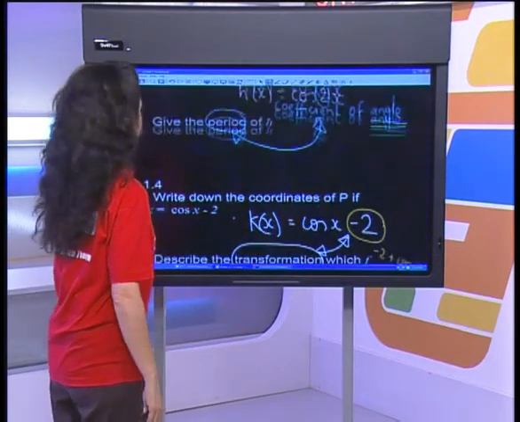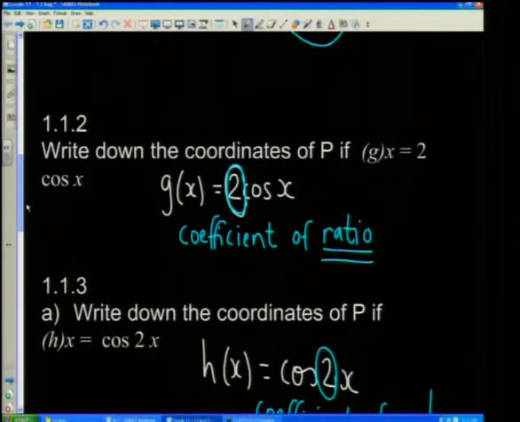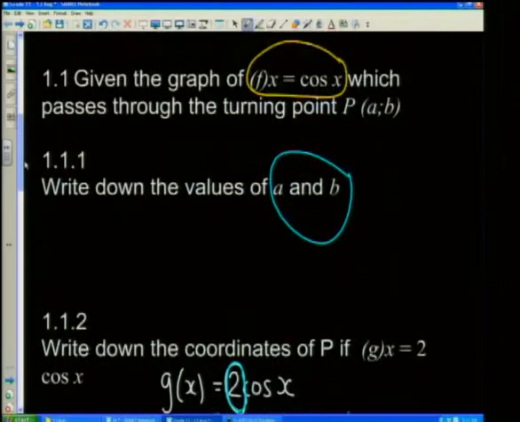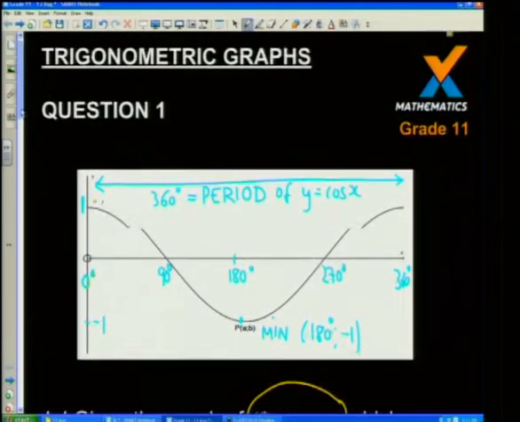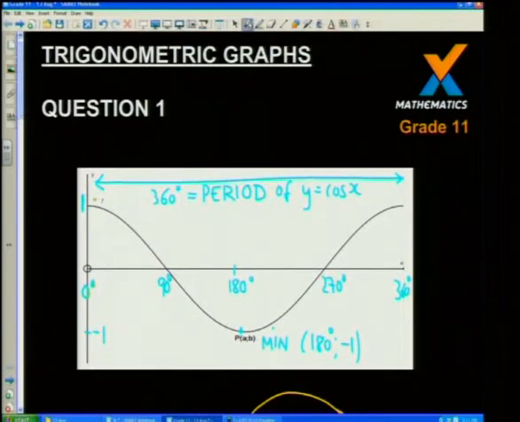Right, the first one is what happens if we've got 2 cos x. Okay, well simply what we currently have is we have a y value of 1. So if you now say, let's take, for example, y equals 2 cos x, what we're saying is that if we had a 1 over here, we want to take that value of 1 and we want to double it.